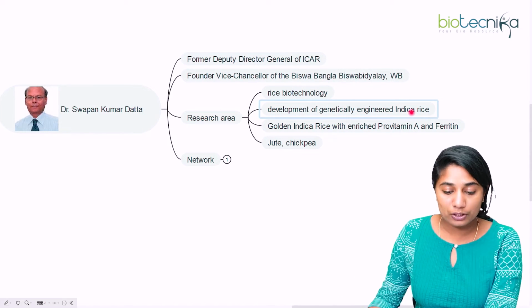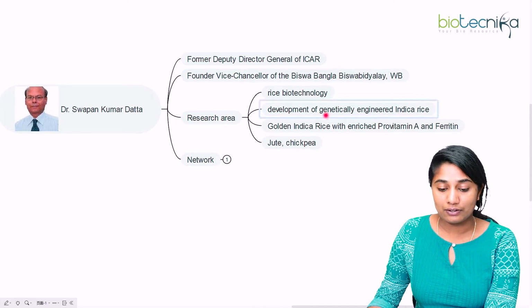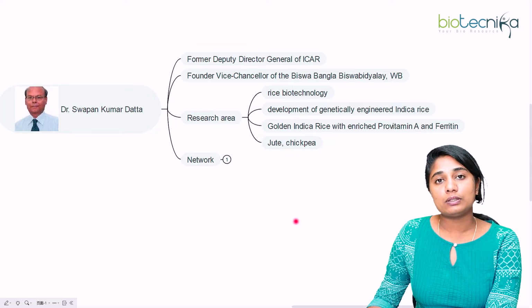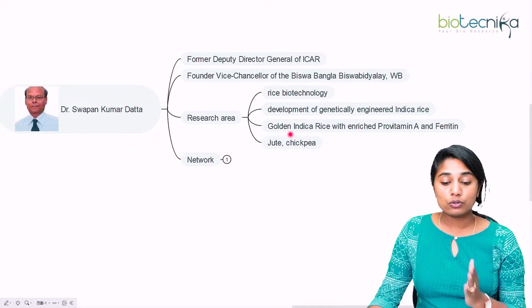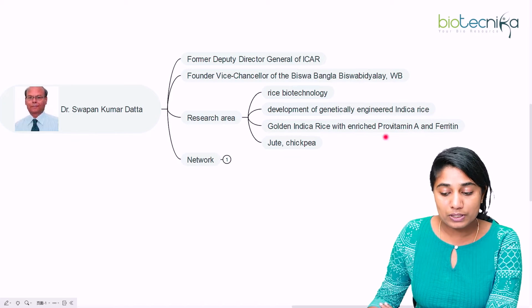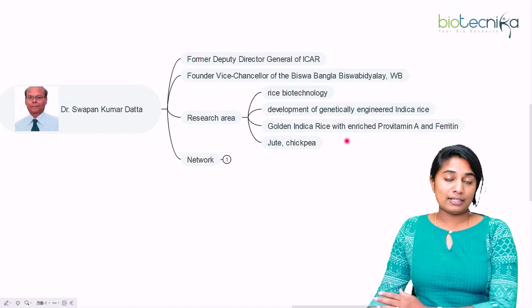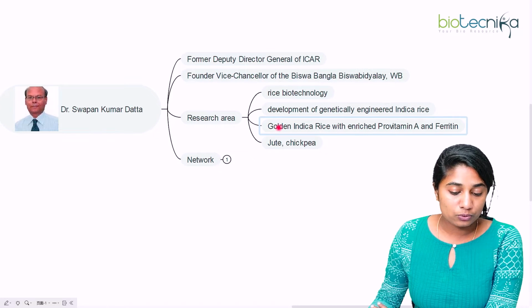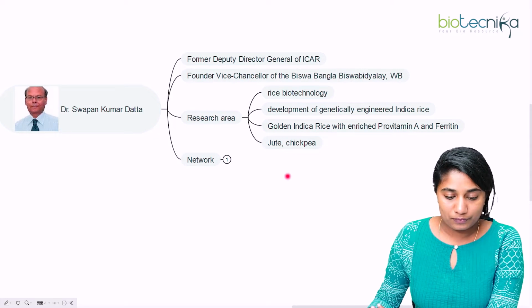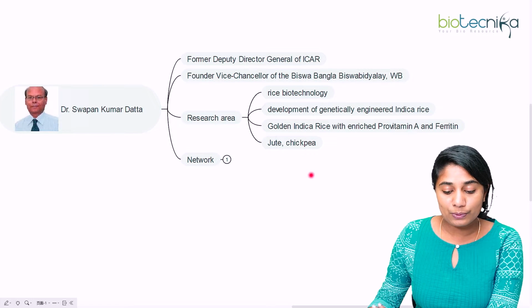He was the pioneer of this genetically engineered rice. He was also the person behind golden rice, if you've heard of it, which is enriched with provitamin A and ferritin. He was the mind behind it, and he was part of the team. He has also researched jute as well as chickpea.